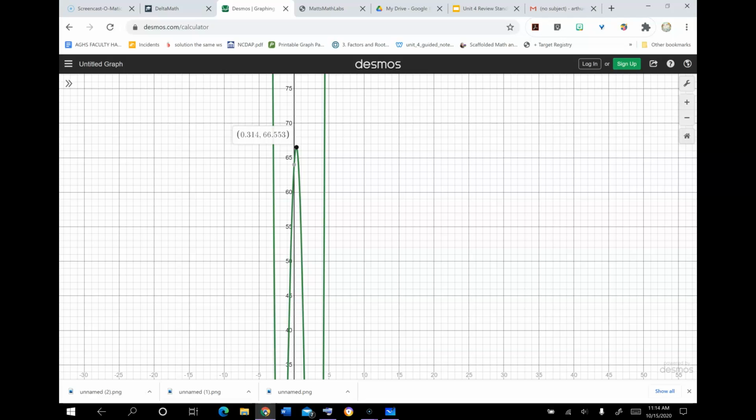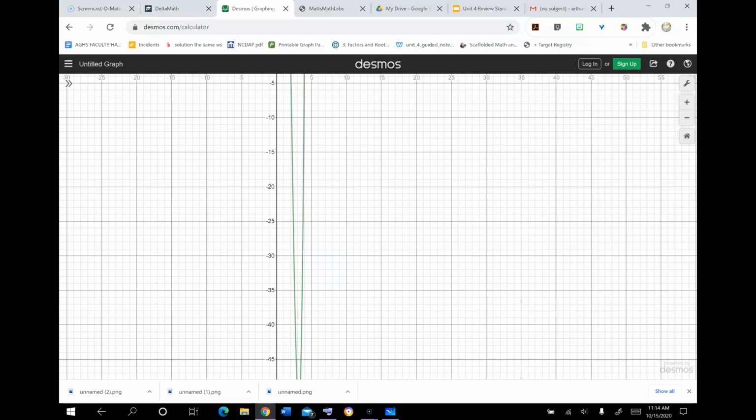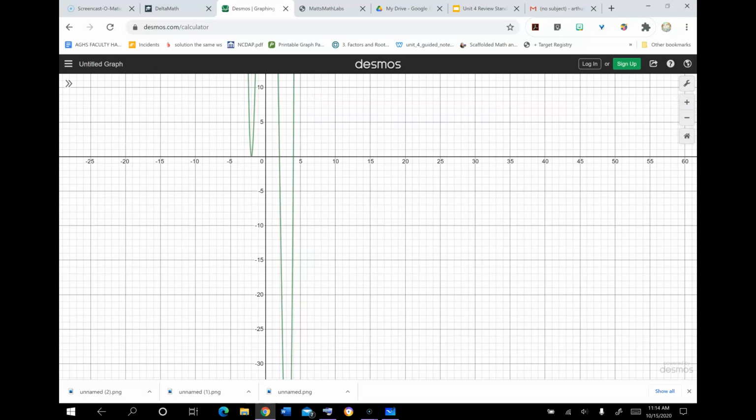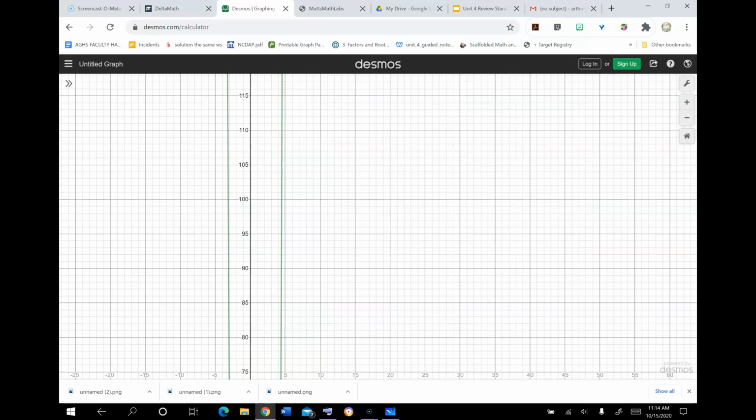So now I'm decreasing, okay? Decreasing, decreasing. I'm going to keep decreasing till I get here. And now I turn around and I start increasing from this point. So I'm going to start increasing from 3.186. And it looks like I'm going to keep increasing all the way to positive infinity.